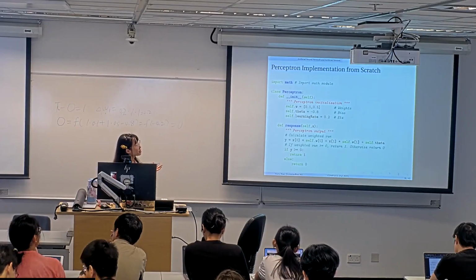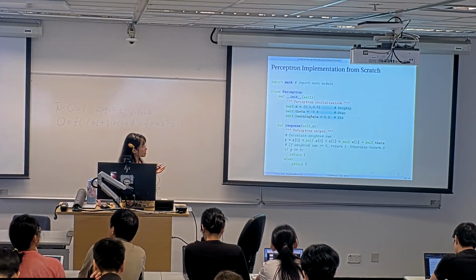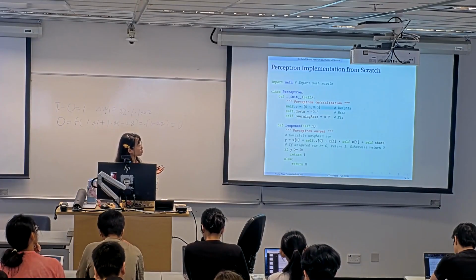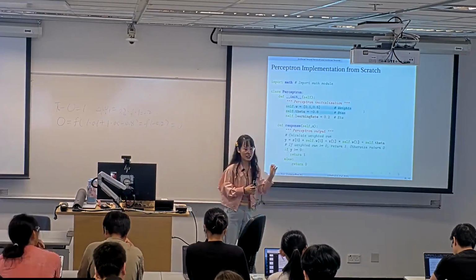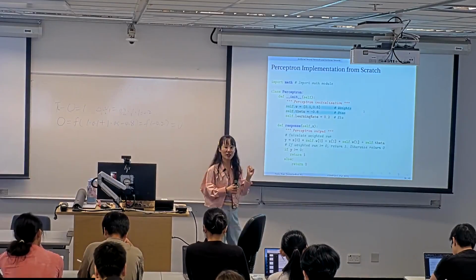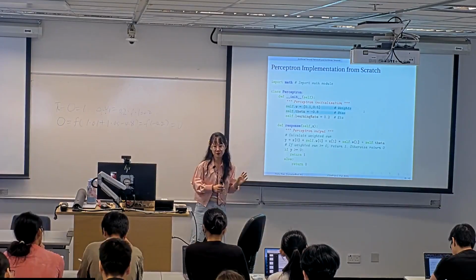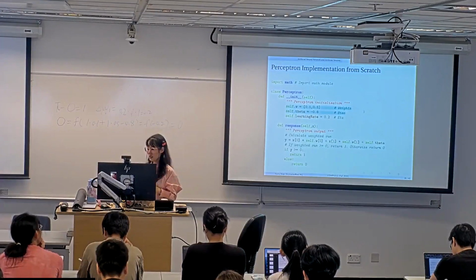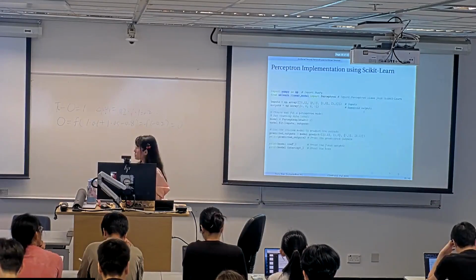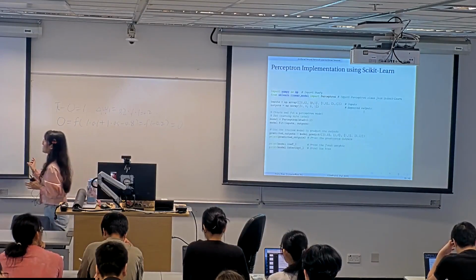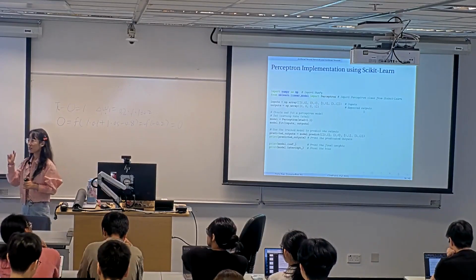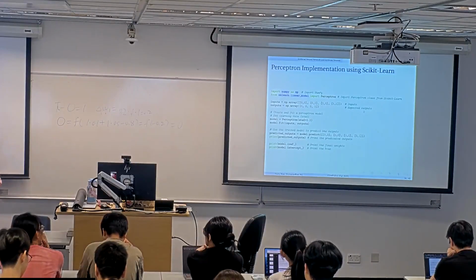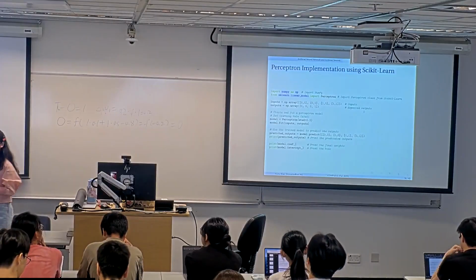In our implementation from scratch, we initialize all these parameters. We just fix, okay, now the initialization should be these 3 values, and starting from these 3 initialization values, we start to update them. But in this scikit-learn's perceptron, we didn't specify any of these initializations, because basically this module doesn't allow us to.